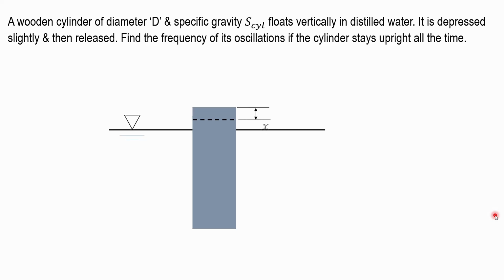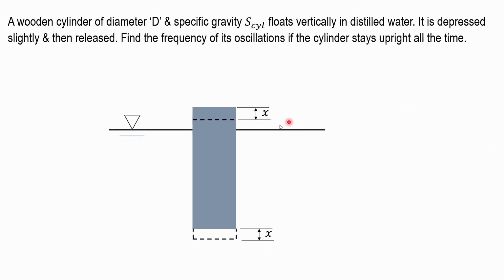This is the distance x by which it is pressed inside. The dotted position is the new position of our cylinder, and then it is released so that it will make some oscillations, and we have to find out what will be the frequency of that oscillation.